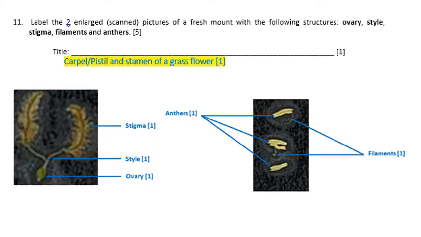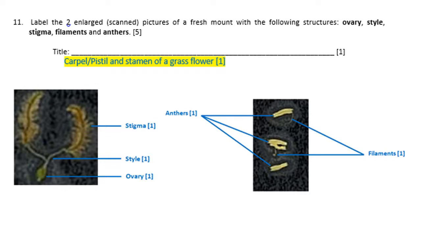Okay, next, label the two enlarged scan pictures of a fresh amount with the following structures. Now, so it's good for this kind of question, they already give you what are the things to label. Okay, now, so of course, you need to identify correctly which structures is which label.